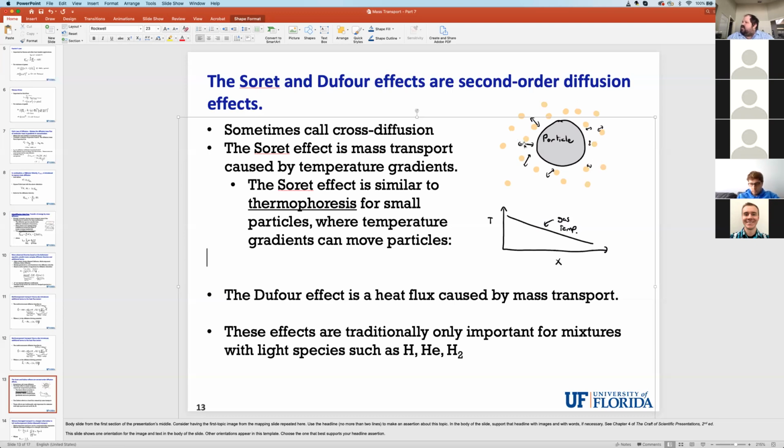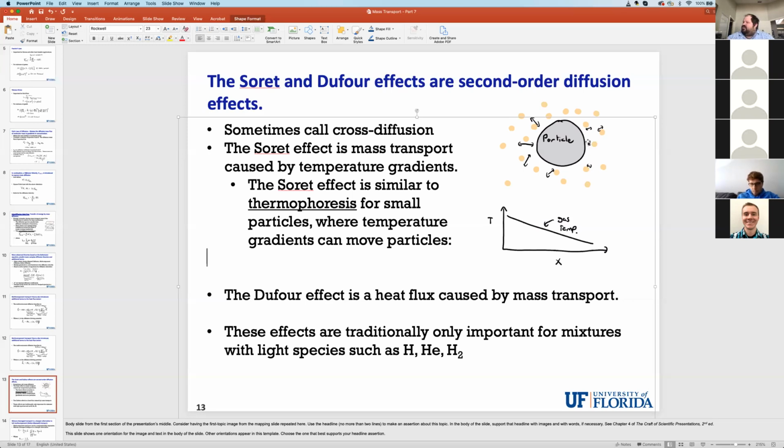And so what happens is the higher temperature molecules have an on average higher velocity. So these molecules are going to collide with the front of this particle. Because their temperature is higher on this side, you're going to have more collisions, and the collisions are going to be more energetic than the collisions of the molecules on the backside of the particle. You're going to have fewer collisions there because the molecules are on average moving slower, and they're not going to be as energetic.